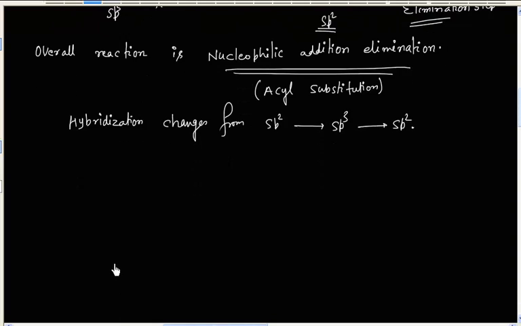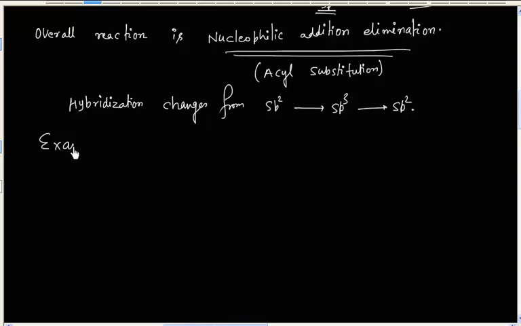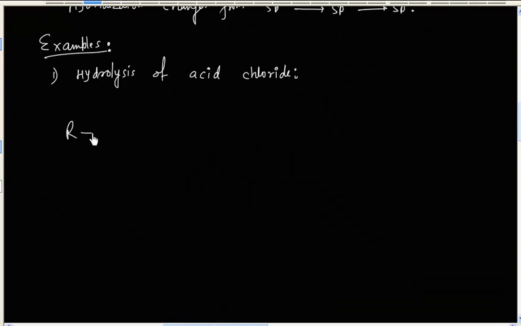Let us consider some examples of nucleophilic addition elimination. One example we have is hydrolysis of acid chloride. So in this case H2O is the nucleophile.